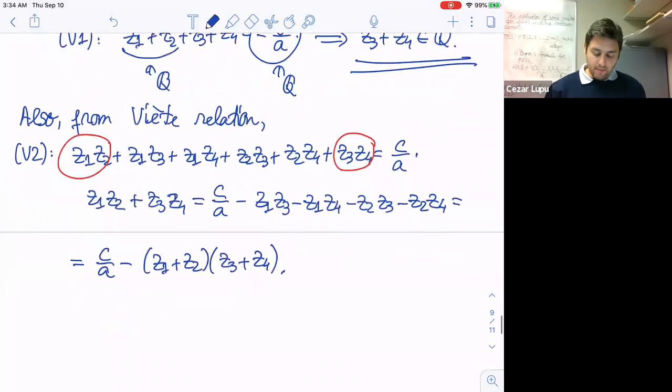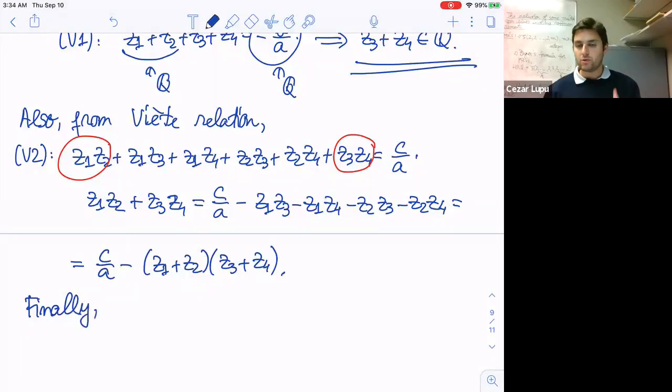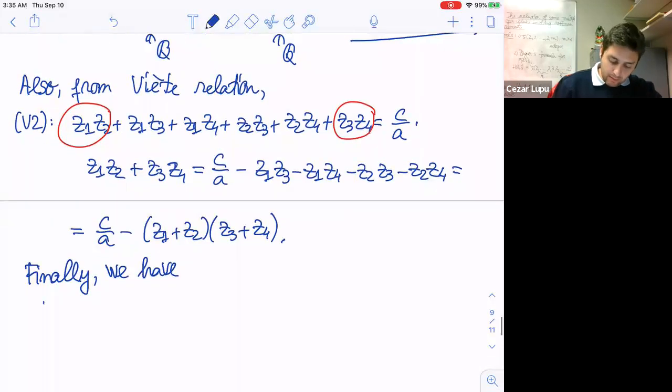And finally, let's write the Viet3. As you can see here, since the degree of the polynomial is 4, I have 4 Viet relations for the symmetric sums. Finally, we have the Viet relation, let's call this V3.